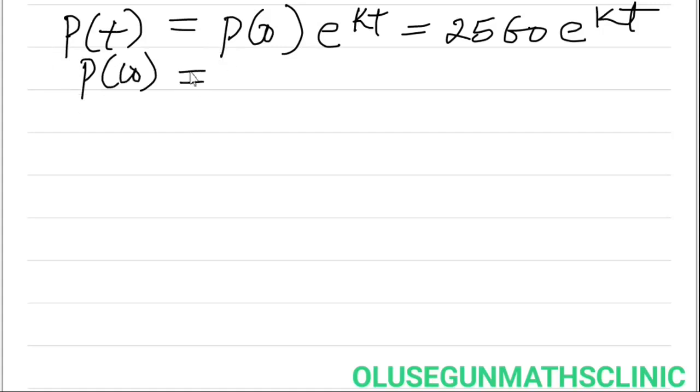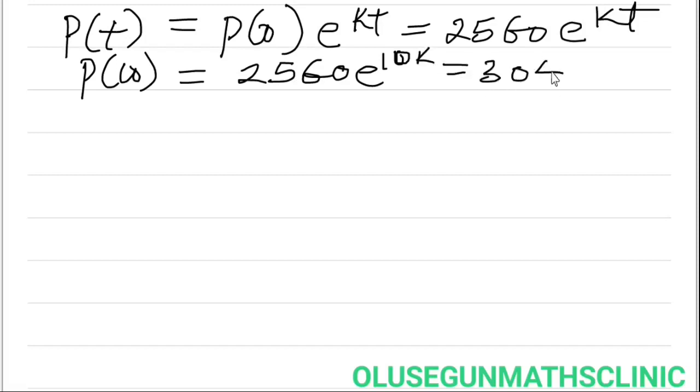At the same time, P of 10, the population in 10 years' time, because we already have the initial value, will be 2,560 e raised to power k, where time is now 10. So 2,560 e^(10k) is equal to 3,040.